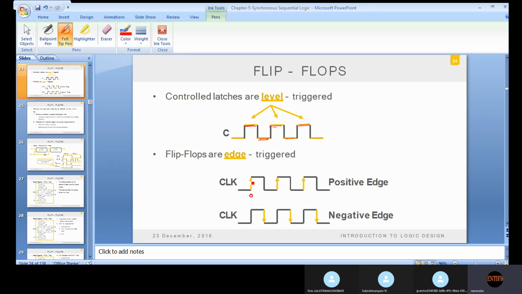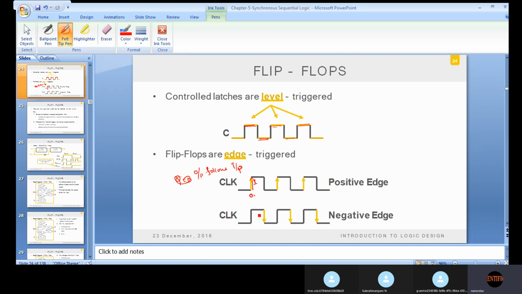So this is a 0 to 1 transition. Output follows input when the clock goes from 0 to 1.